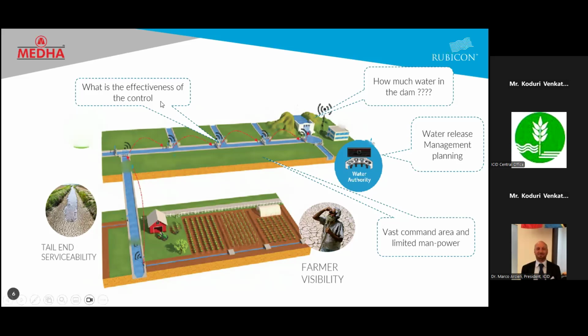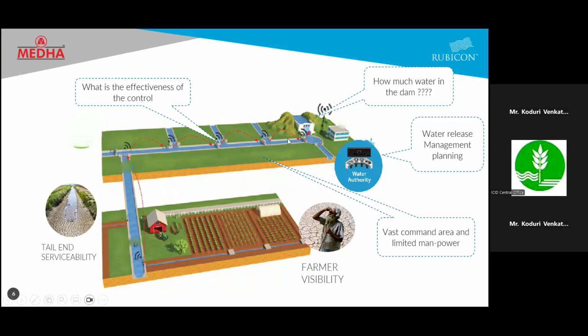Going forward, how effective is the canal control, and actually how much water is there in the dam, and is it able to fulfill the requirement of the farmers' irrigation till the end of the cropping season, or till the crop requires the water. And hence there is a requirement of management, or how the planning is done by the main authorities who have control over the dam.